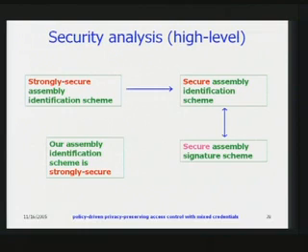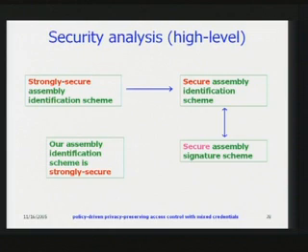We can prove that any strongly secure assembly identification scheme is also a secure assembly identification scheme. So the arrow means implies. And we can prove that security of the assembly identification scheme is equivalent to security of the assembly signature scheme.